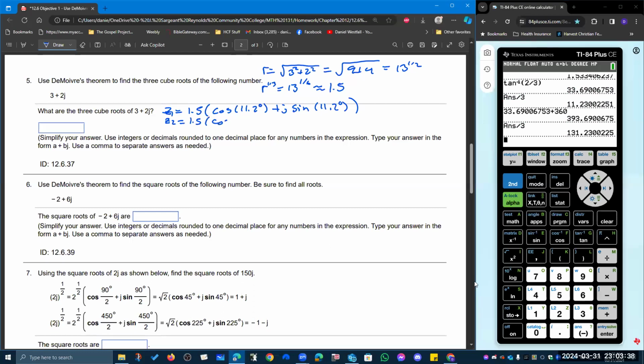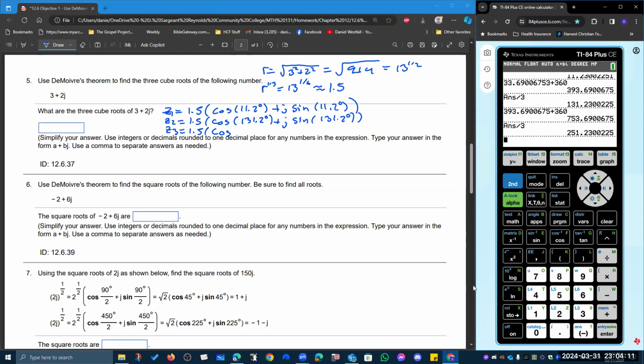I'm going to change this to be cosine of 131.2 degrees plus j sine of 131.2 degrees. And then my third answer is going to be 1.5 times cosine of, and I'm going to go back to here, add another 360 to this and divide that by 3.